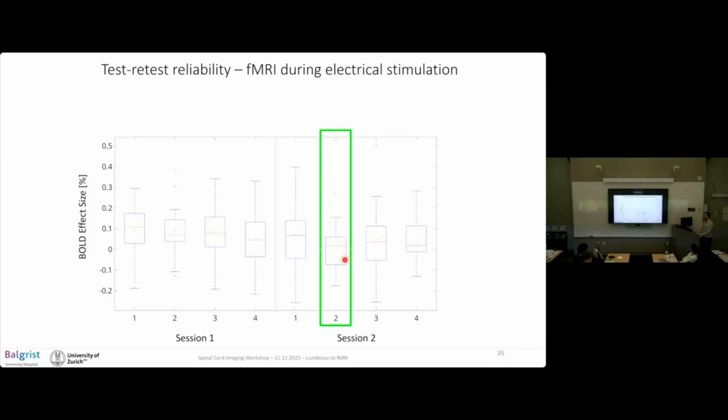So it could imply, we are still not very confident, that the habituation kicks in much faster during the second session. Now we are actually acquiring the data a third time, half a year after these scans, just to understand a little bit more the long-term test-retest reliability.